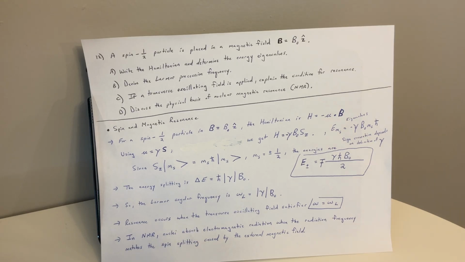Resonance occurs when the transverse oscillating field satisfies omega equals omega sub L. In NMR, nuclei absorb electromagnetic radiation when the radiation frequency matches the spin splitting caused by the external magnetic field.